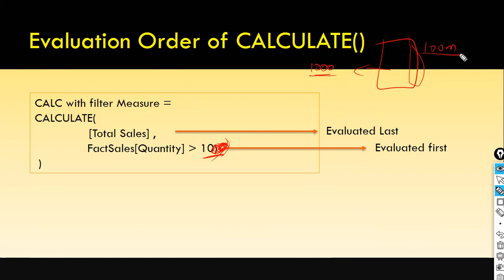Out of 100 million, first take only the 1,000 records that are related to this filtering condition. I just write it here. I just strike it out. So where the units sold is more than 100, it comes around only in 1,000 transactions, where customers purchase more than 100 quantities. Okay, hypothetically. So only 1,000 transactions. Out of the 1,000 transactions, finding the total sales is very simple, isn't it? So this is the best way.